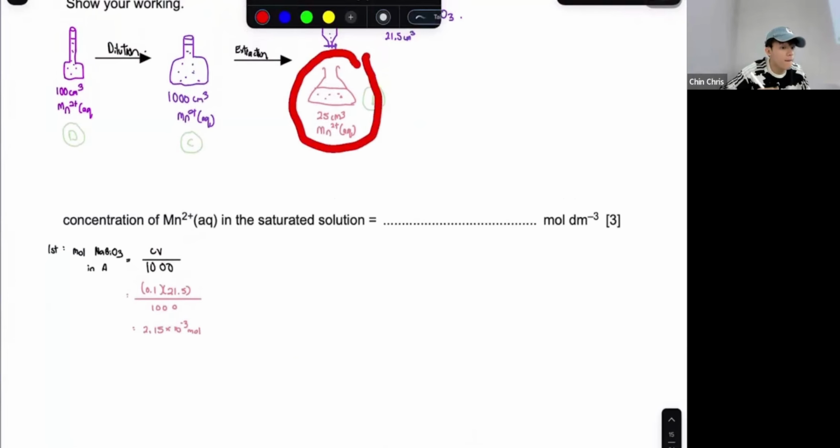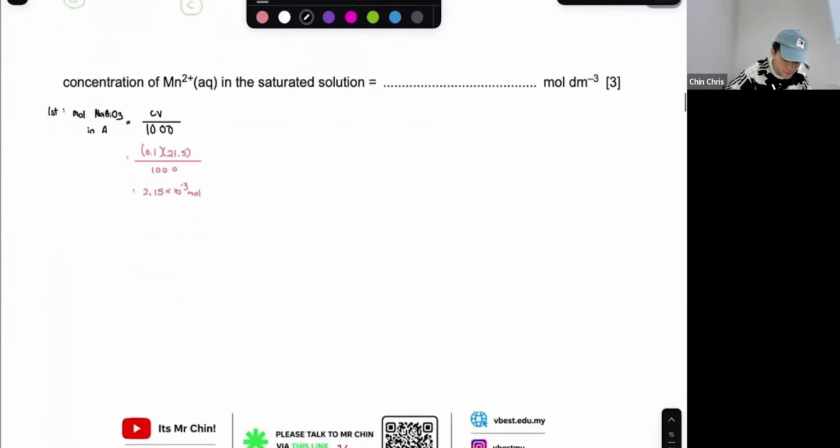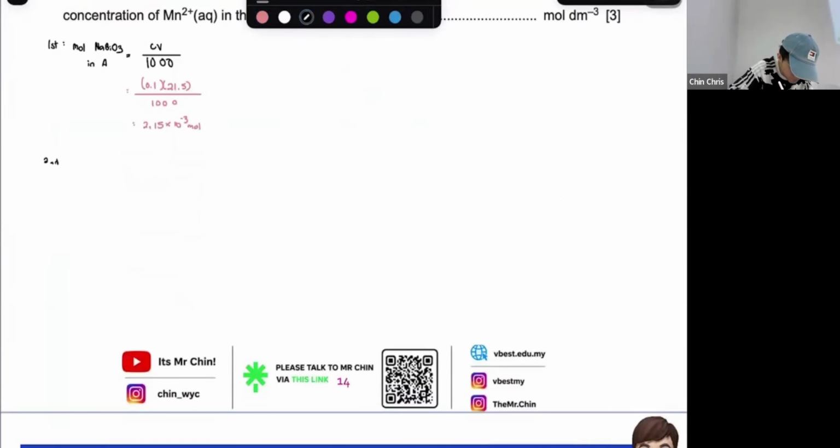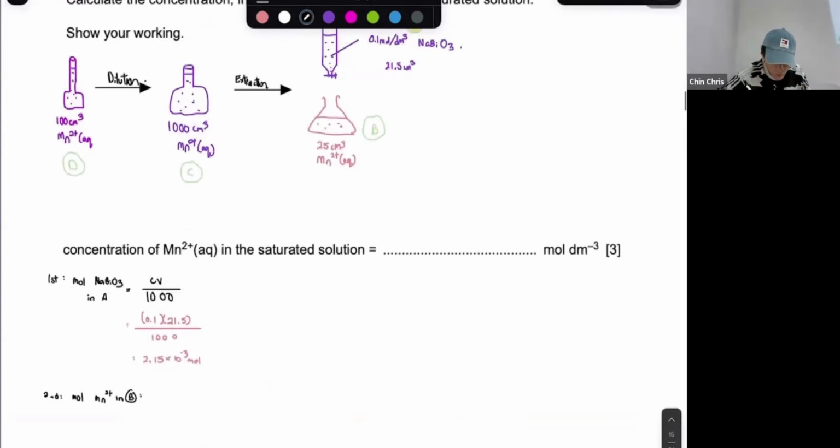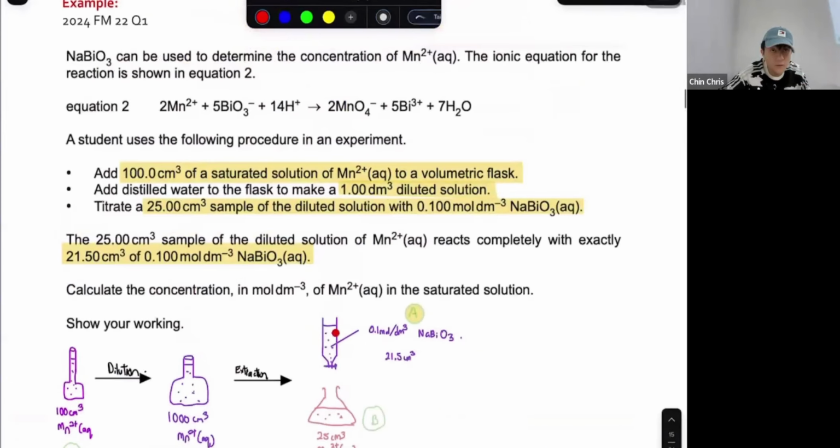Alright, guys, once you get the mole of NaBrO3, second, can you get me the mole of Mn2+ in B? How do you get the mole of Mn2+ in B? Guys, you are doing a titration, right? What's the ratio of Mn2+ to BrO3? Let's see this.